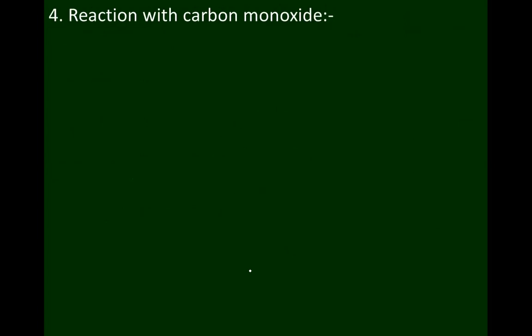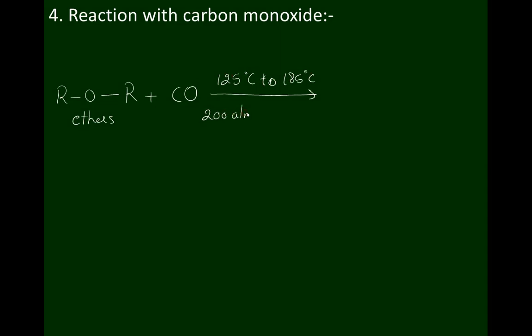Coming to reaction with carbon monoxide. When ethers are treated with carbon monoxide, and the temperature is maintained between 125 degrees Celsius to 185 degrees Celsius under a pressure of 200 atmosphere, in the presence of a Lewis acid like boron trifluoride, they undergo a free radical mechanism.